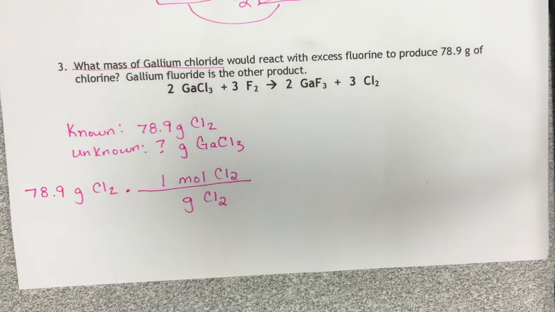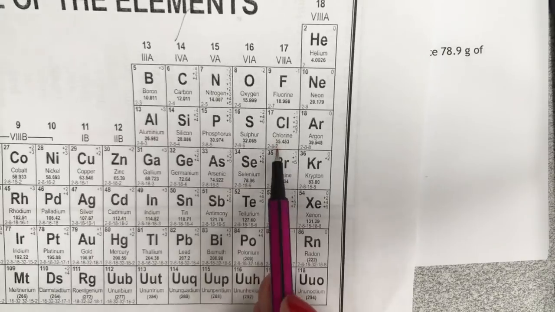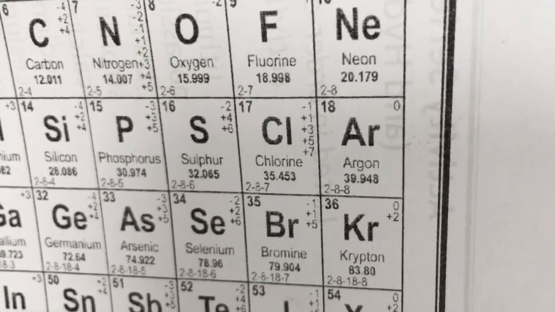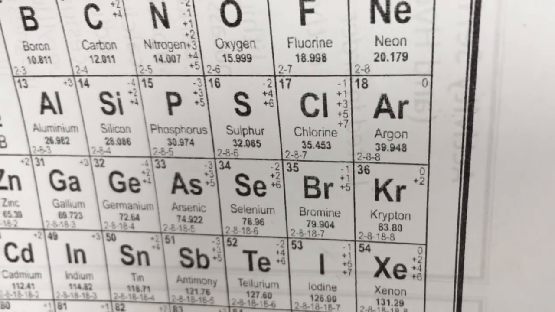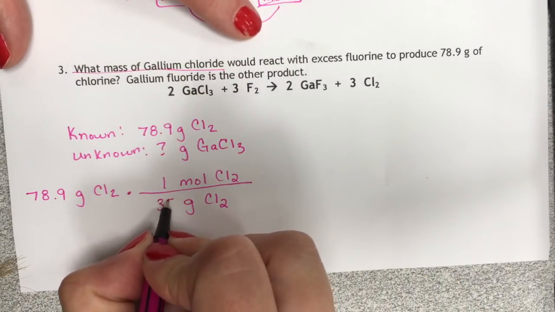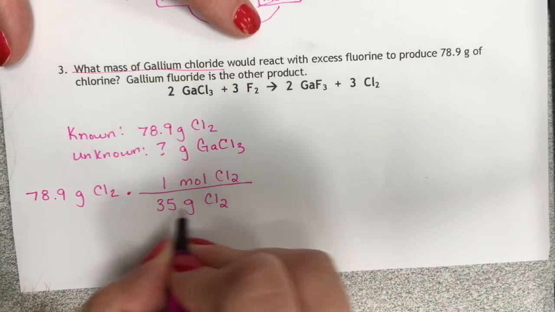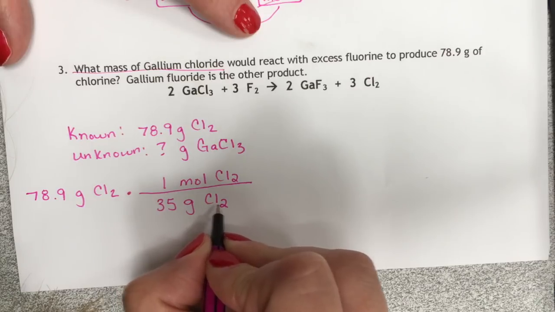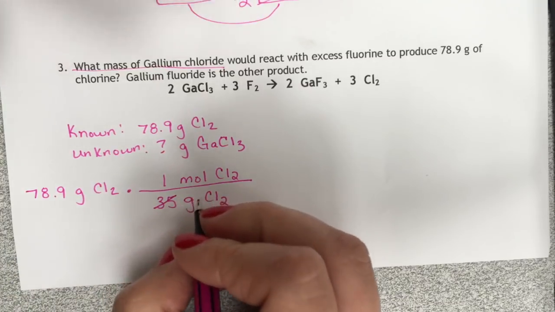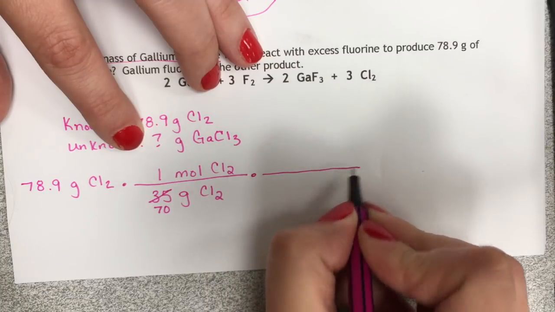To find the number that goes there, we look at how much chlorine weighs, 35.45. I'll go 35. But sorry, my bad, that's 35 grams per one chlorine, and since it's diatomic, it's actually 70.